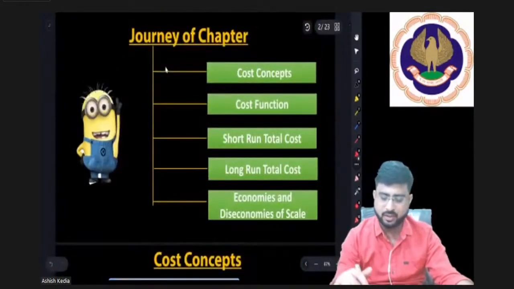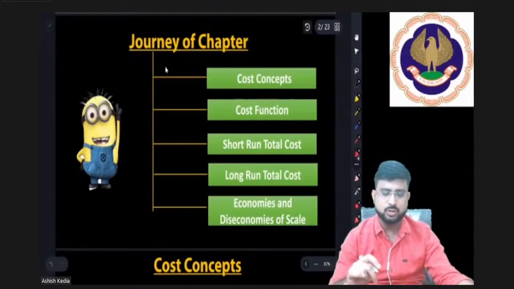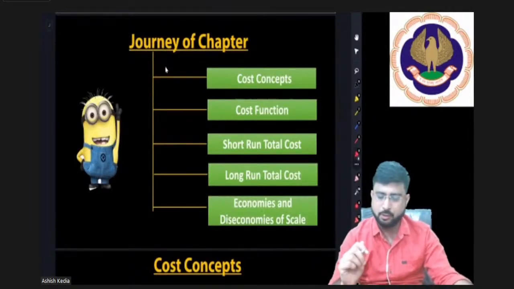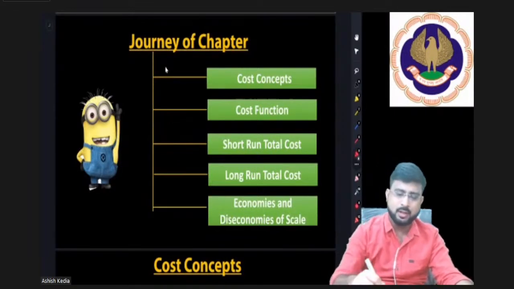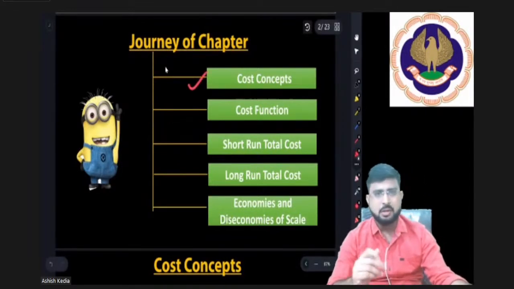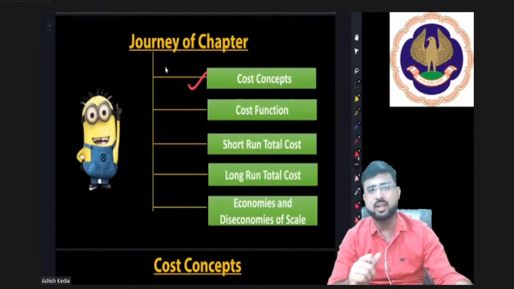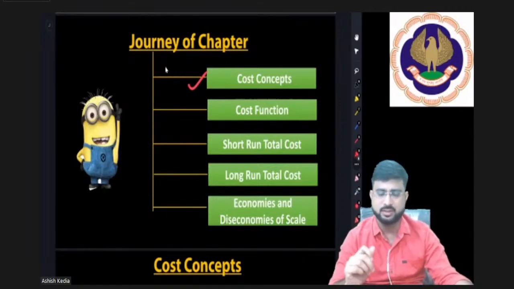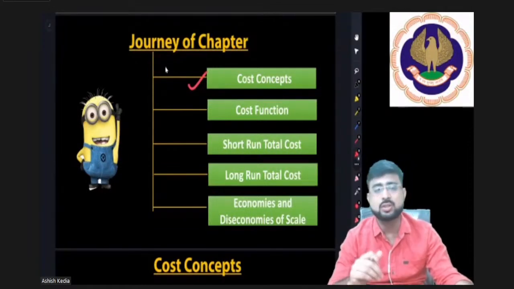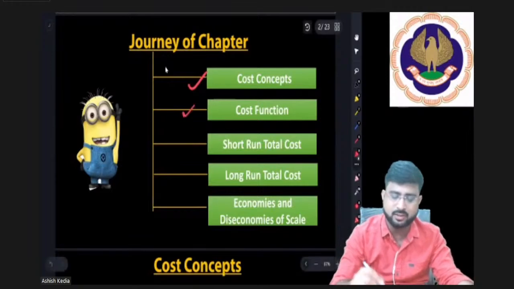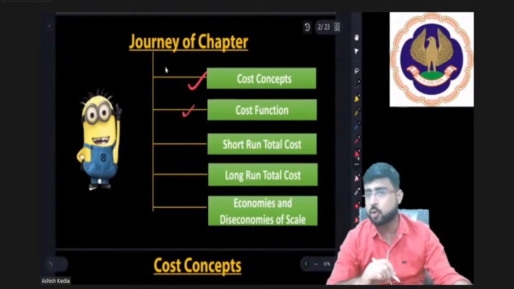As per our institute's syllabus, number one, there are different concepts of cost, meaning different types of cost that we need to know about. After the different types of cost, we will be studying the meaning of cost function.